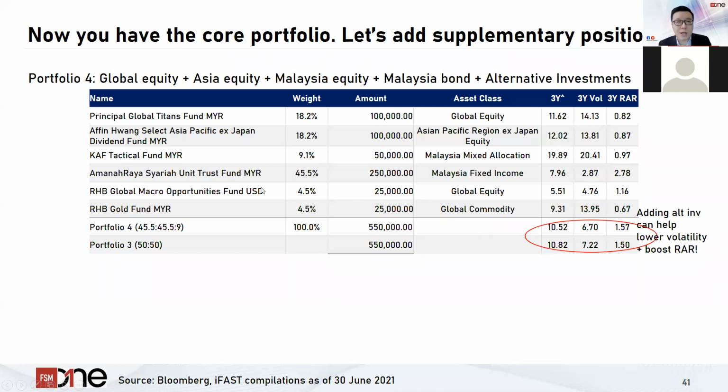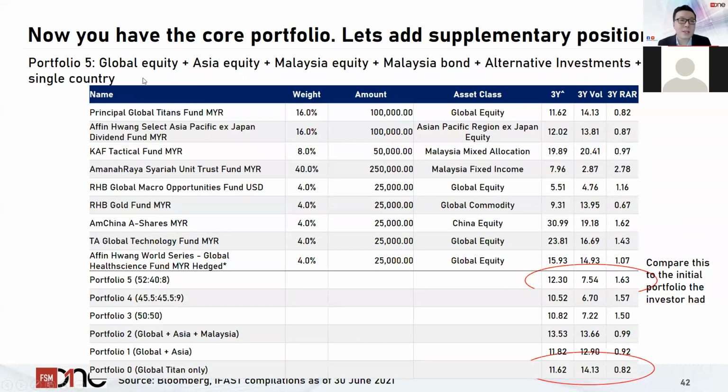So in this example, I just added a small amount into Global Macro Opportunities Fund, which is the hedge fund strategy fund, and a small amount into gold fund, which invests in gold. So what happens to the overall portfolio? Well, from 7.2%, we managed to push it down to 6.7%, lower vol, but not necessarily sacrificing the returns a lot. You still get quite similar returns. And because of that, your risk-adjusted return is better, right?